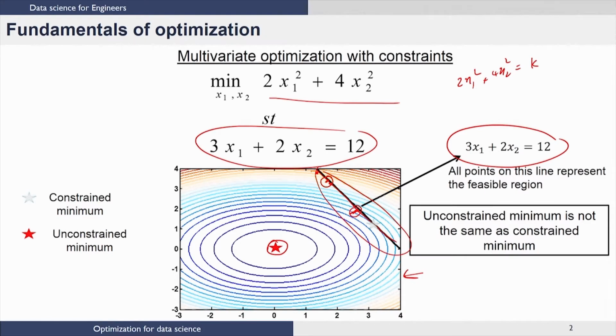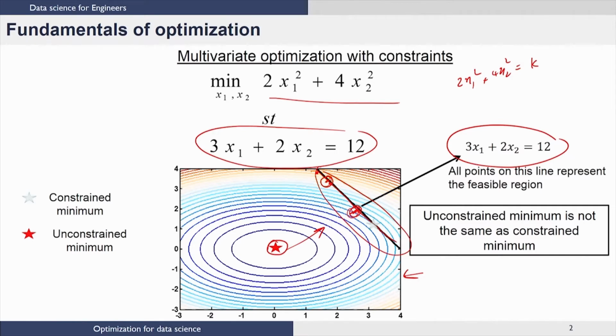This is because these are contours of increasing objective function values, and the contour that intersects this point is within the contour that intersects the line at this point. Because this is the direction of increasing objective function value, the contour intersecting this point is inside the contour intersecting at this point. So, that basically means this function takes a lower value at this point on the line.